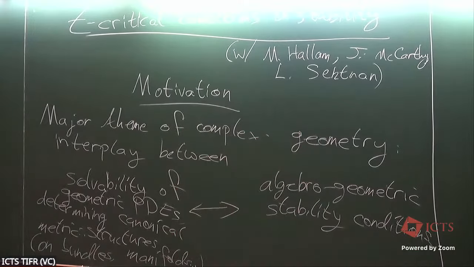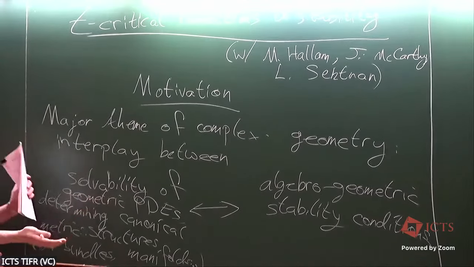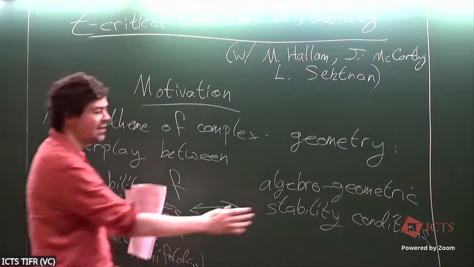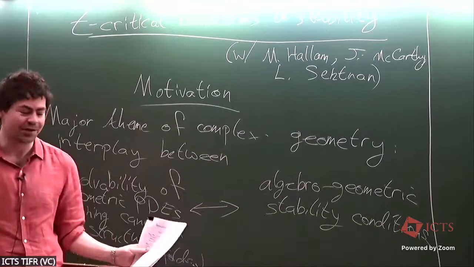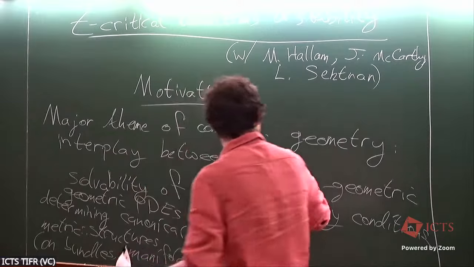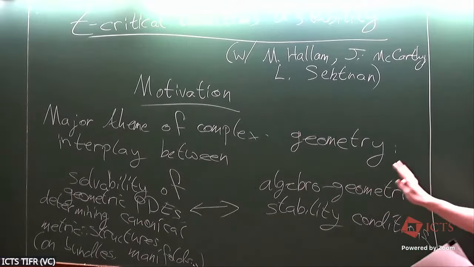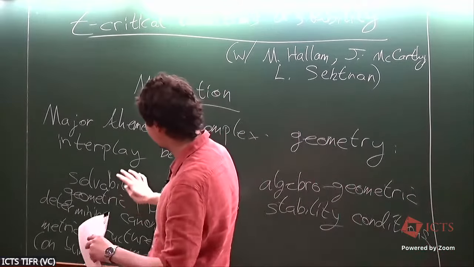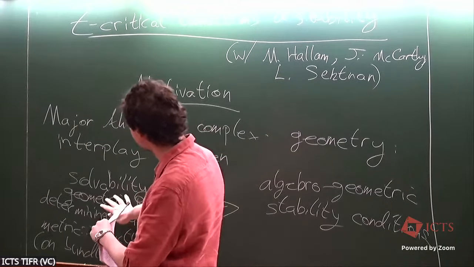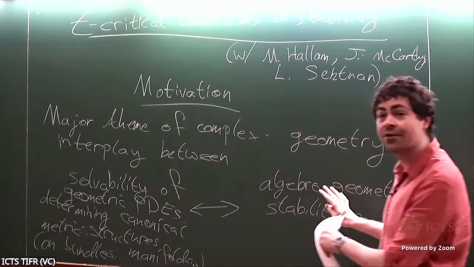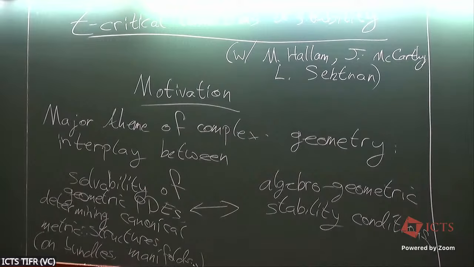I guess many of you will be familiar with roughly what this means on this side. At least you'll know what a PDE is. Whereas stability condition may not be something that all of you have encountered before. What's important here is really the first two words, algebraic geometric. The point is that these are natural geometric questions in geometric analysis that we can try to connect to algebraic geometry and to try to answer through algebraic geometry.